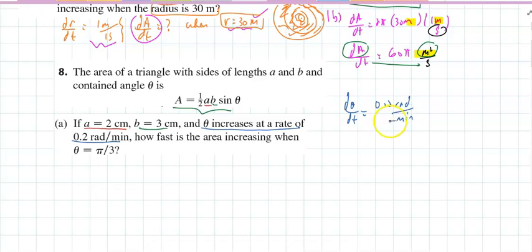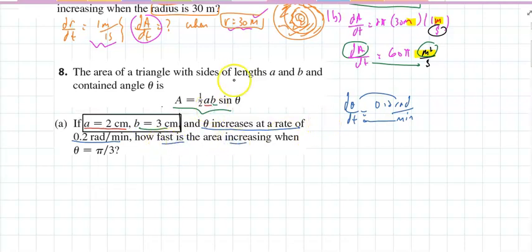If you're not sure what the unit stands for, they're right there. a equals 2 and b equals 3, so those are fixed. How fast is the area increasing?